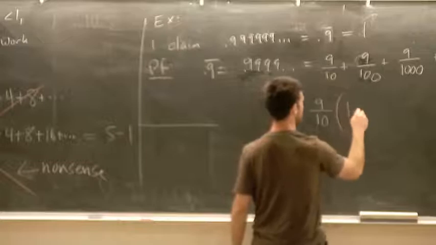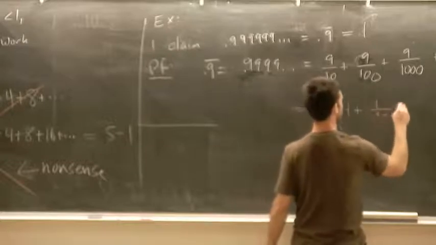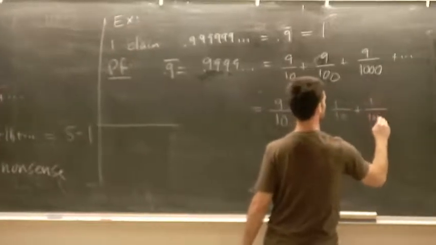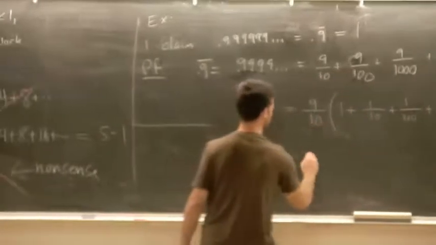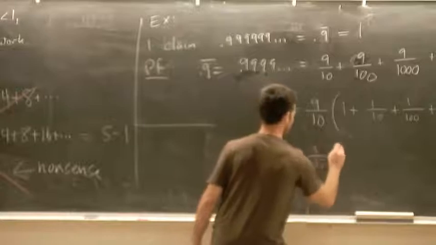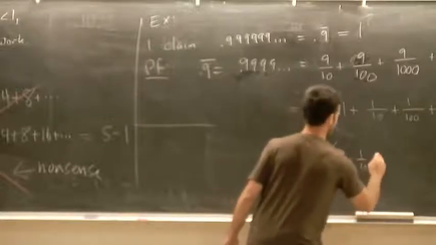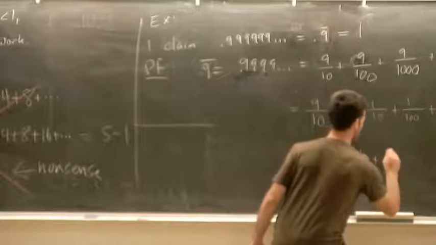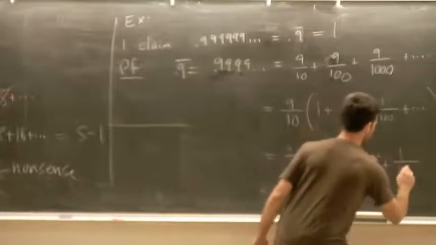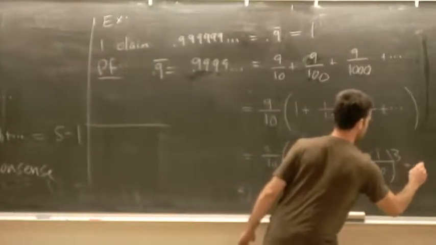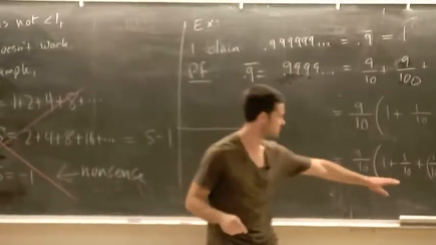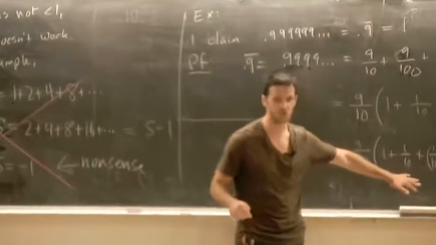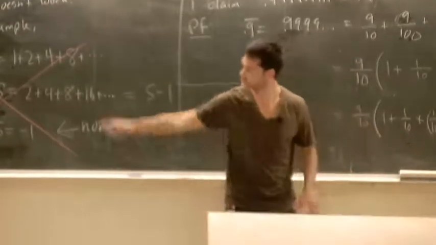And I get 1 plus 1 over 10 plus 1 over 100, which is the same as 9 over 10 times 1 plus 1/10 plus 1/10 squared. The next term would be 1/10 cubed, and so forth. So this is a geometric series, actually, right, with common ratio 1/10, which means we can apply that formula over there.